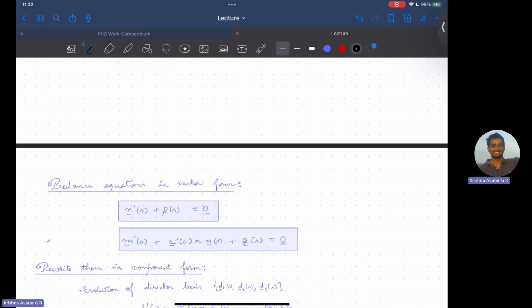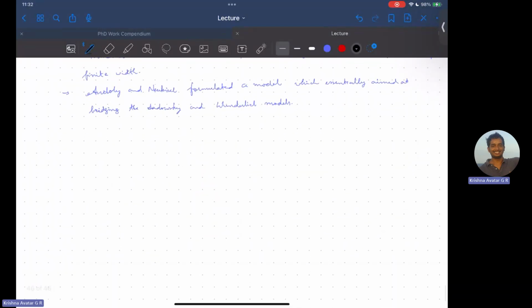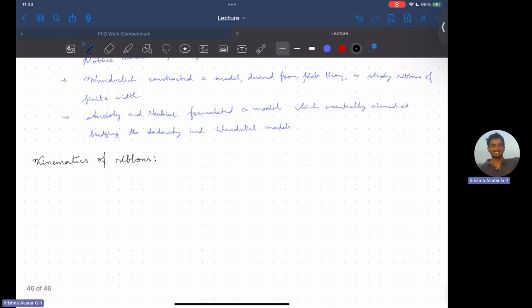So now let's look at the kinematics of ribbons. Ribbons are also characterized as 2D surfaces.